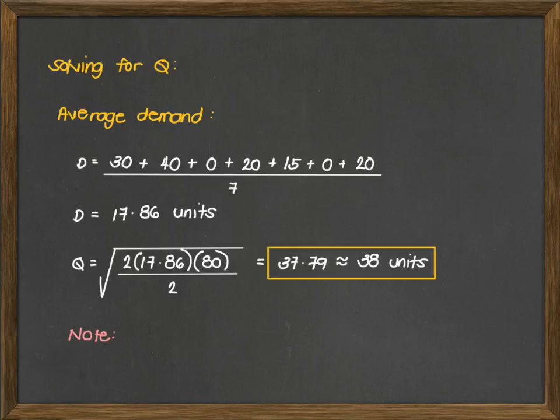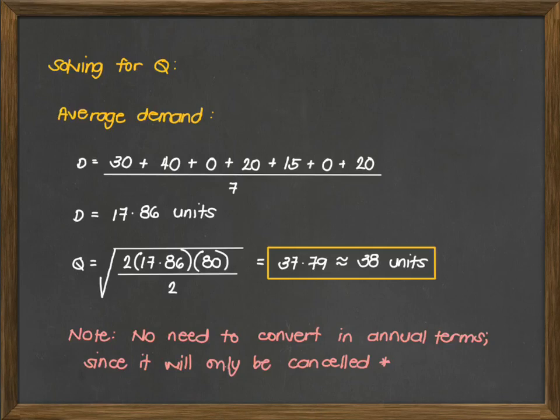So, take note that we don't need to convert in annual terms since it will only be canceled. So, kasi if you look at the formula, ang ating average demand is in weeks. And yung ating holding cost is also in weeks. Take note that we have a constant number that we have 52 weeks in a year.